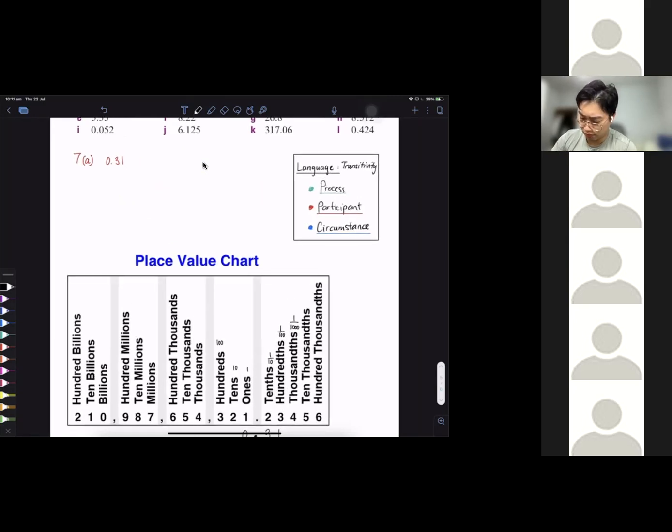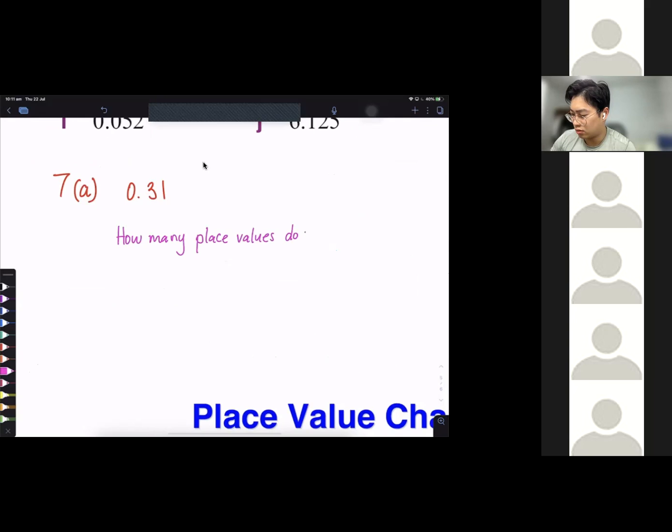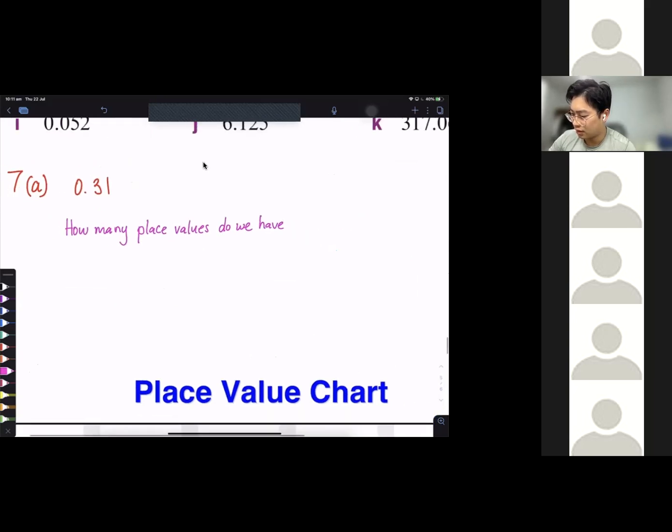You ask yourself, how many decimal places, or how many place values do we have after the decimal point? What would the answer here be?